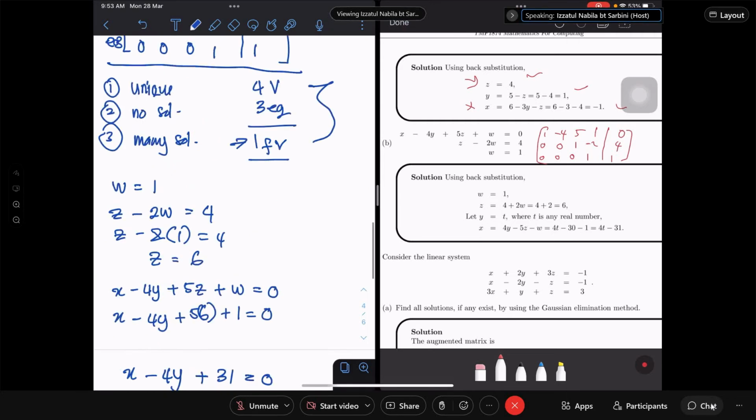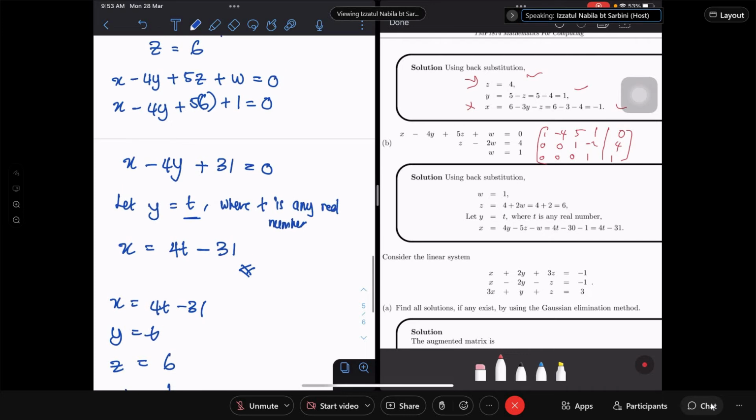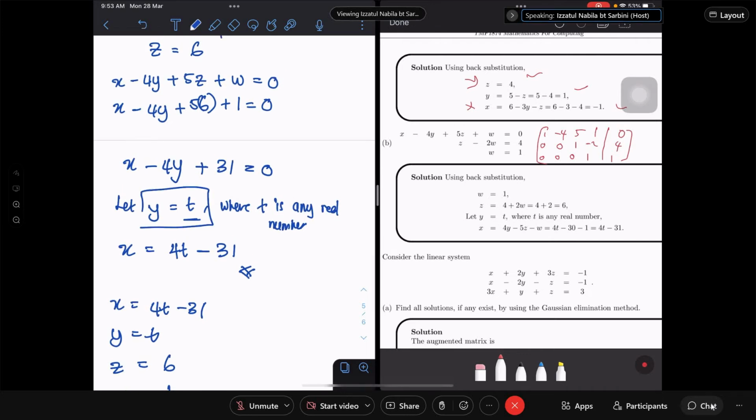So you can notice that you only have to let 1 free variable, just t. Sometimes you have 2 free variables. So you can let y equals t, z equals s. So you already know how many free variables you're going to have to let.